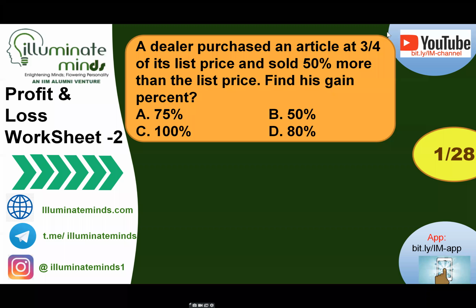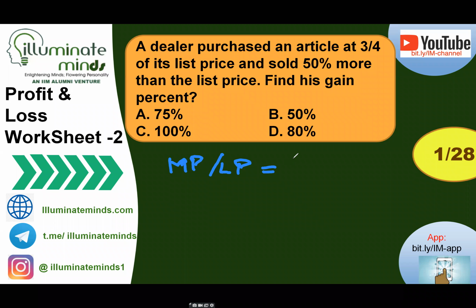Question number 1 says, a dealer purchased an article for 3/4 of its list price and sold at 50% more than the list price. Find his gain percent. The list price is the same as the mark price, let's say MP.